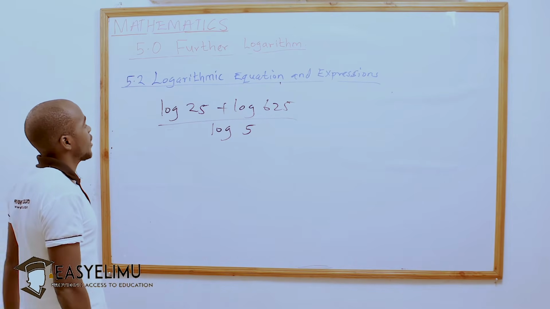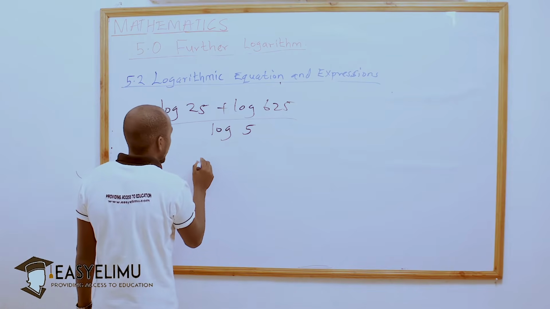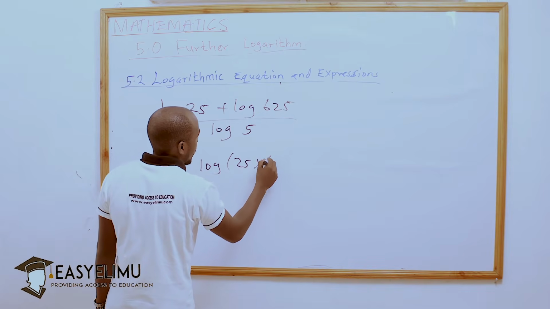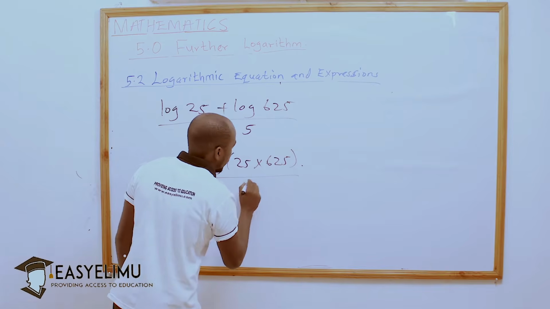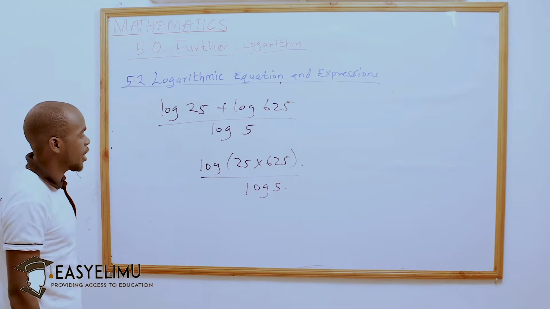Actually, this one we can factor out, and if we factor the numerator part, we are going to get log 25 multiplied by 625 over log 5.